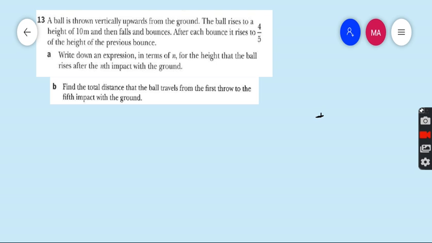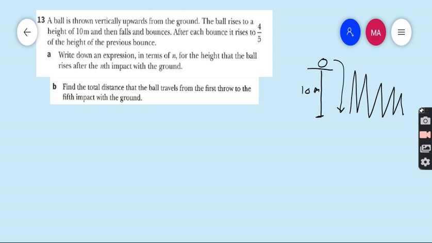So this is the height, 10 meters. This is the final position of the ball. And then it falls, bounces, and then falls, and then bounces like this.